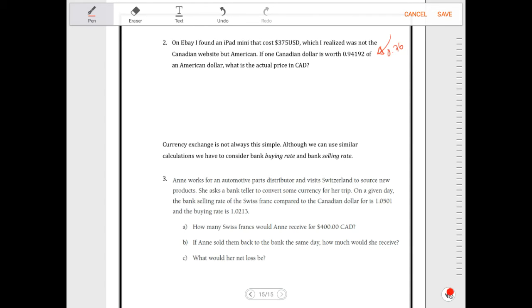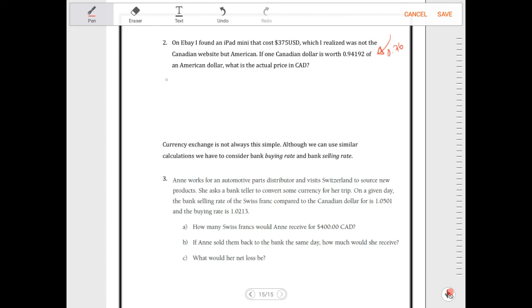So you see, over time, the value of the Canadian and the American dollar changes. Sometimes the Canadian dollar is getting close to the value of an American dollar. Right now, the value of the Canadian dollar is not equal to the American dollar. It's less. So that would certainly impact the exchange rate that we would get. Anyway, we will continue on with this here.